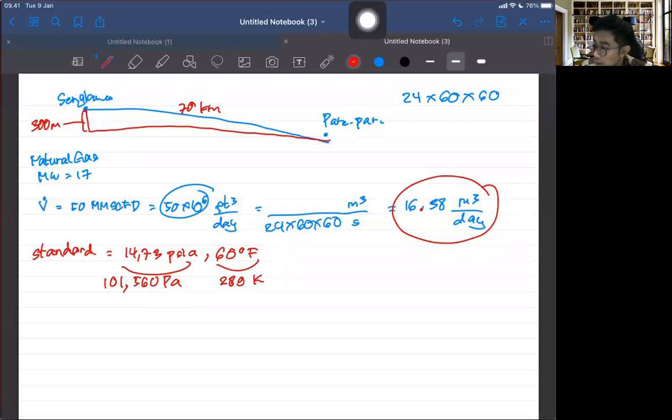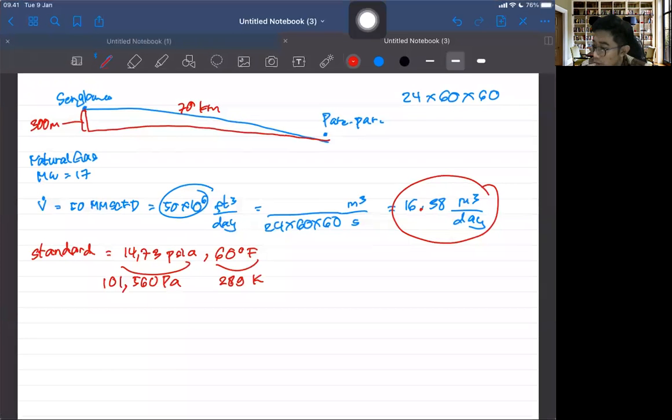This pressure is gauge, so be careful. You need to add the atmospheric value, and the temperature of 30 degrees C is 303 Kelvin.